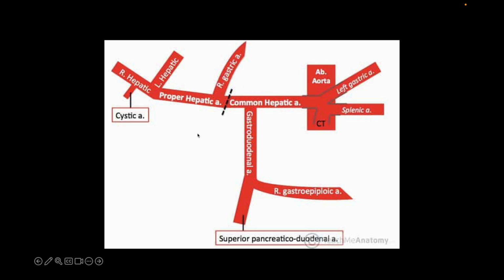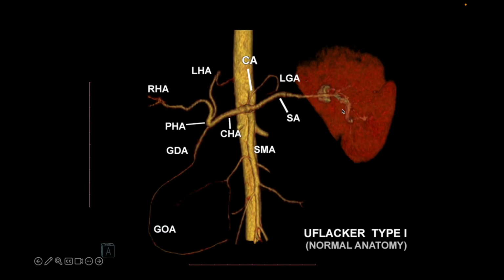You actually do need to know all of these, I think, for the exam. They could ask you the gastroduodenal, gastroepiploic, and superior pancreatoduodenal arteries for sure. The next vessel is the SMA, so superior mesenteric artery, which is here, but actually no, this is showing the celiac axis.